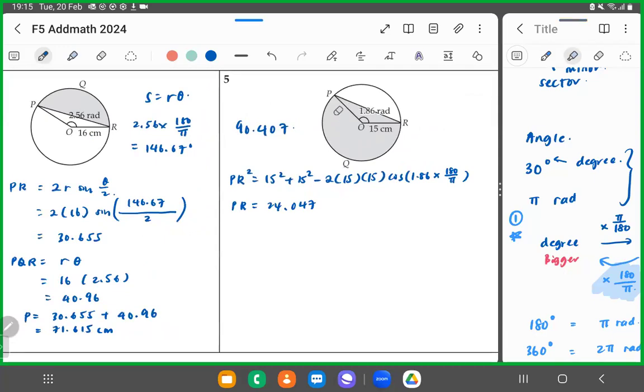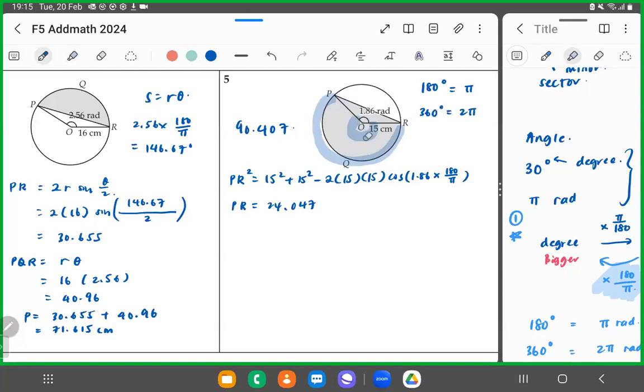And then for PQR, the other side, you will need this angle. If you still remember just now, 180 degrees is actually pi radian, and 360 degrees is actually 2 pi.